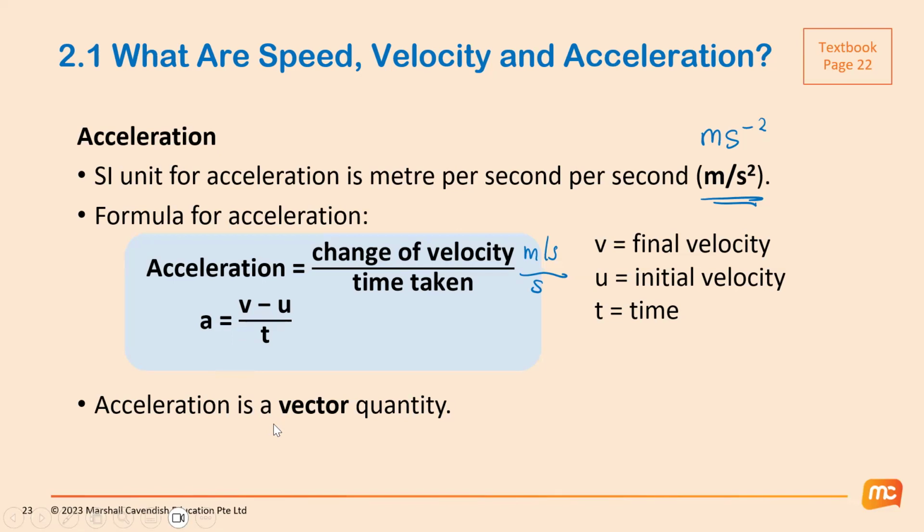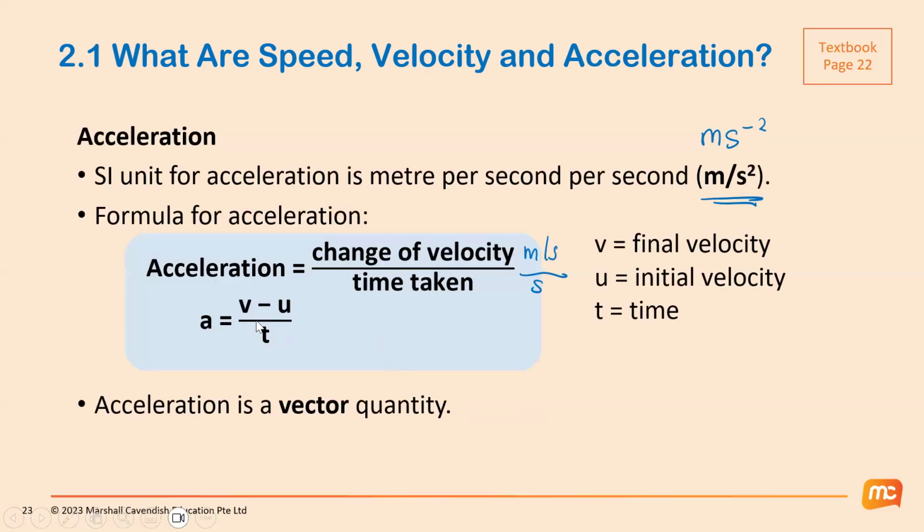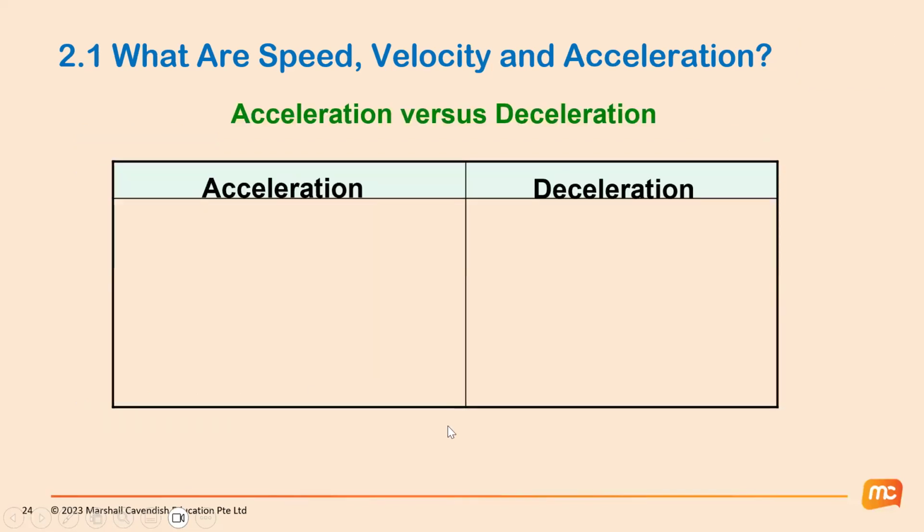Acceleration is a vector quantity. Later on, we will look into examples of how to apply this formula of final velocity minus initial velocity over time. Because acceleration is a vector quantity, there is both positive and negative. But negative doesn't mean opposite direction for acceleration.